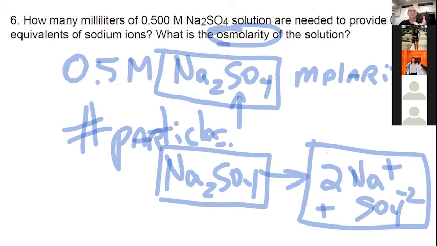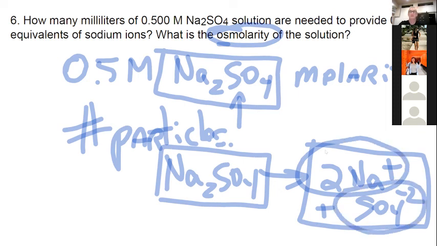But when it dissolves in the water, it's no longer sodium sulfate, right? It becomes 2 moles of sodium ions and 1 mole of sulfate ions. So if the concentration of this is 1/2 molar, and it breaks into 2 sodiums and 1 sulfate, what's the concentration of all the particles now?